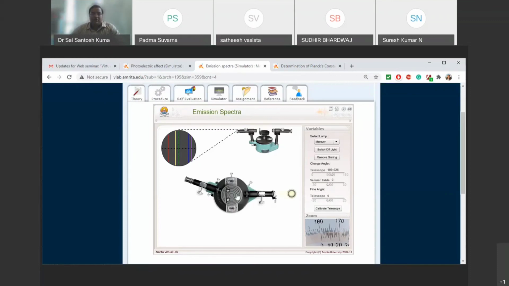Okay, so each vernier scale division is 1 minute, so you can multiply with the minute so that you can get the actual numbers. The same thing you can do here. You can bring it to the other side and you can show. Now I'm lucky, as you see, I could get it very good, almost close to this, but the other side, again I need to play a bit.